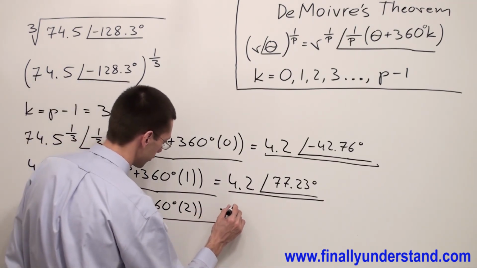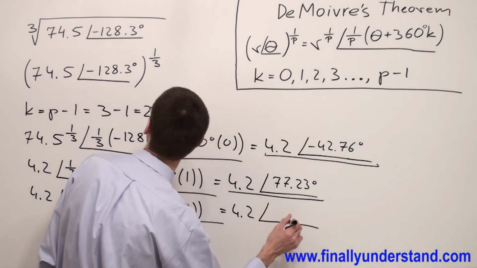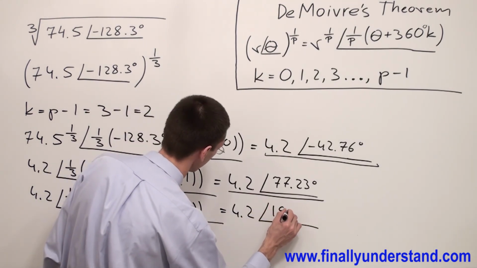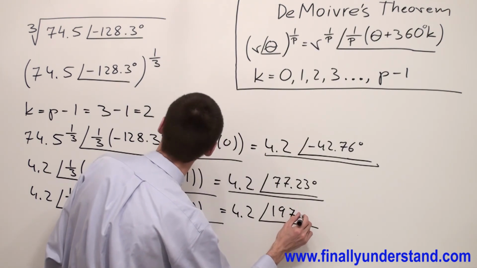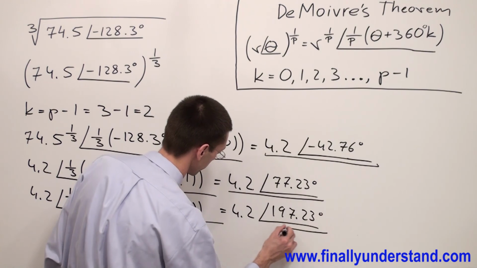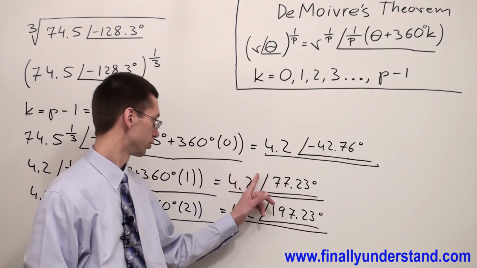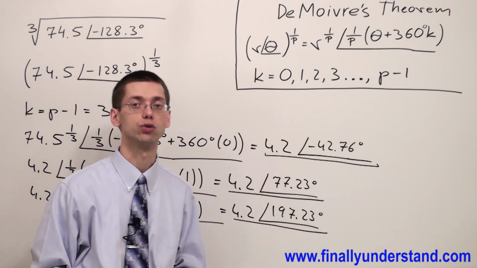So I have 4.2 and an angle of 197.23 degrees. And I can say that these 3 roots are the solutions to my problem.